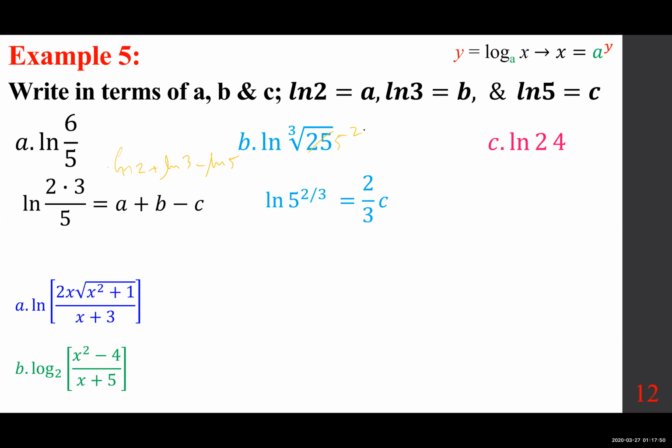In other words, you can factor it. So what do you get? Anyone? Any ideas? We want it to involve only 2 or only 3 or only 5 or a combination of those in some way. What comes to mind?